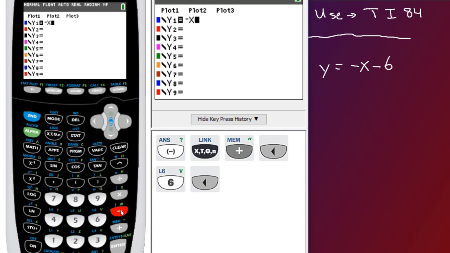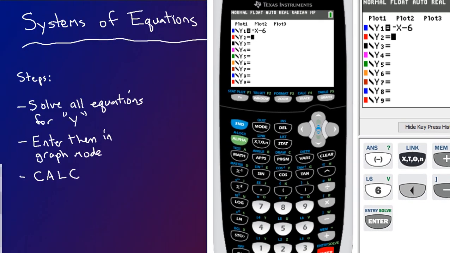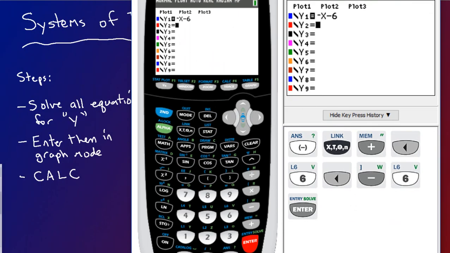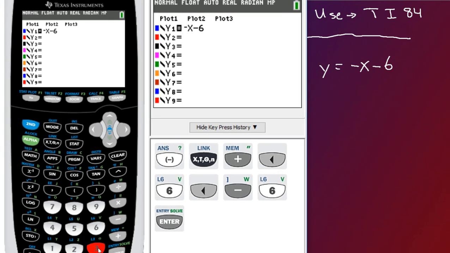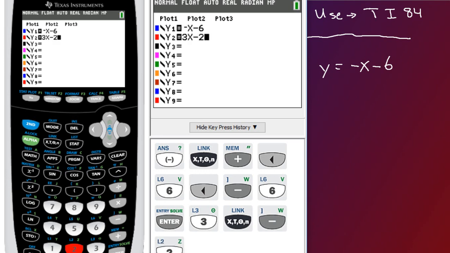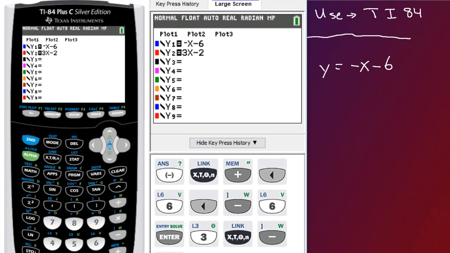That arrow key didn't work out too good. Minus 6, there we go. Got a little bit of lag, and then we press enter, and then we'll put in the second equation. Now, the second equation is 3x minus 2.